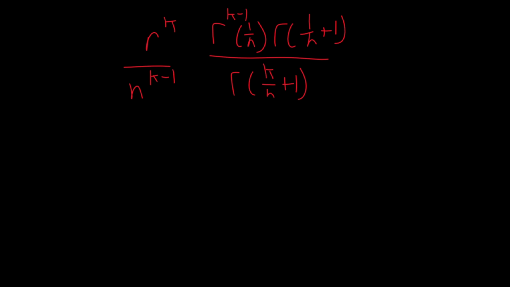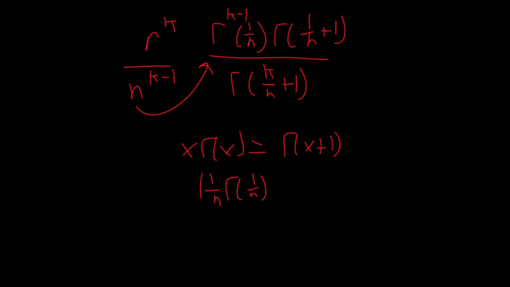And one of the properties of the gamma function is that x times gamma of x is just equal to gamma of x plus 1. We can exploit this quite a bit right here, because after all, that's a 1 over n raised to the k minus 1 power, meaning that this is a 1 over n, gamma of 1 over n, all raised to the k minus 1 power, meaning that this right here is just gamma of 1 over n plus 1, raised to the k minus 1.